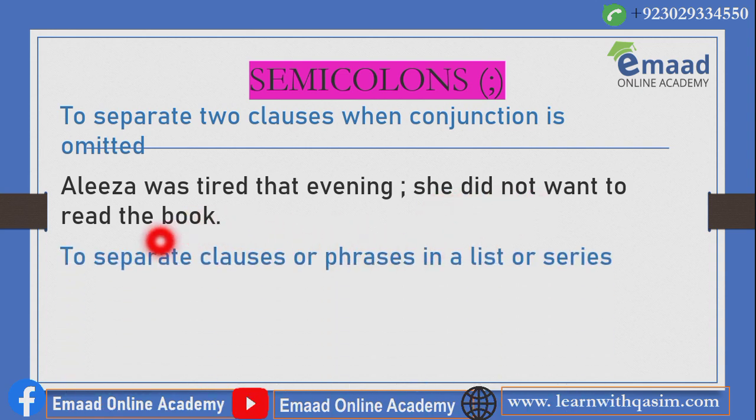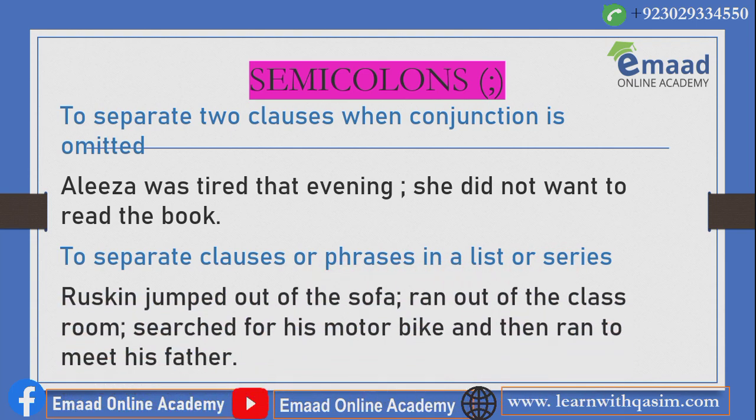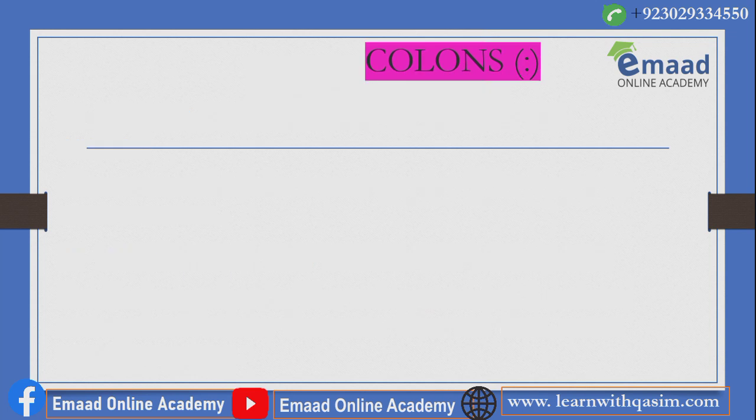We also use a semicolon to separate clauses or phrases in a list or series. For example, Ruskin jumped out of the sofa; ran out of the classroom; searched for his motorbike; and then ran to meet his father. Sometimes we separate clauses or phrases in a list or series like this.